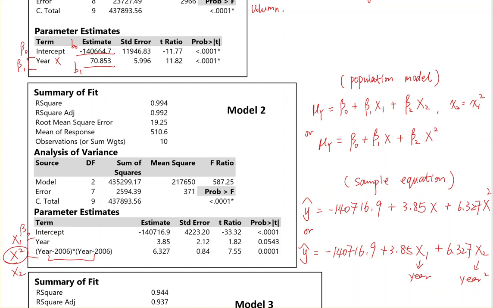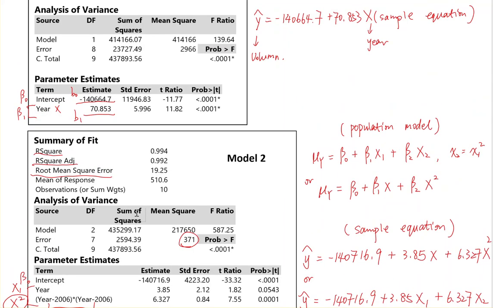So we still have the R square, we still have the adjusted R square, and we have the root mean square error, or the MSE, right? So this is the MSE for model 1, this is the MSE for model 2.